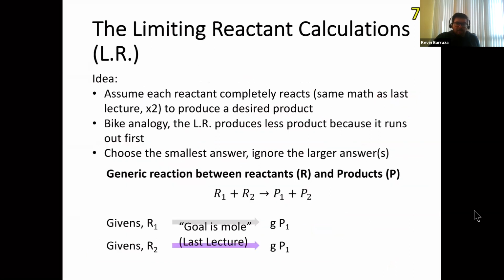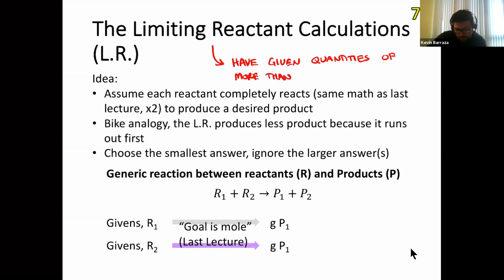So the idea for a limiting reactant calculation is one in which, and I'll emphasize it one more time, we have given quantities of more than one reactant.